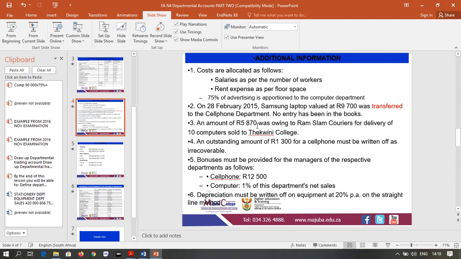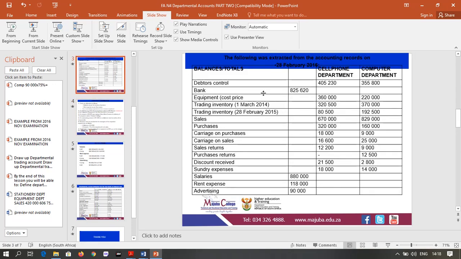This amount of 5,870 was owed, which means we didn't pay it. We're still owing these people. It was derived from the 10 computers, which means under computers, carriage on sales, 25,000.